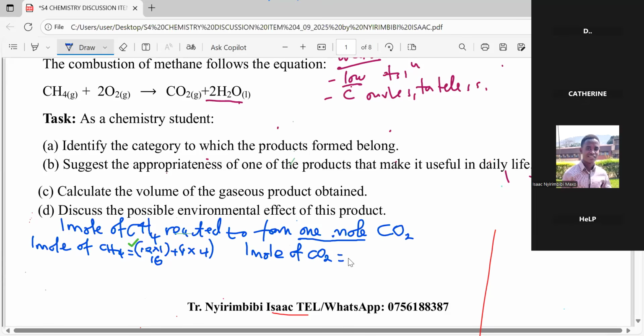But we are looking for what? We are looking for volume. So 1 mole has 6 times 10 to the power 23 particles. But we are looking for volume.